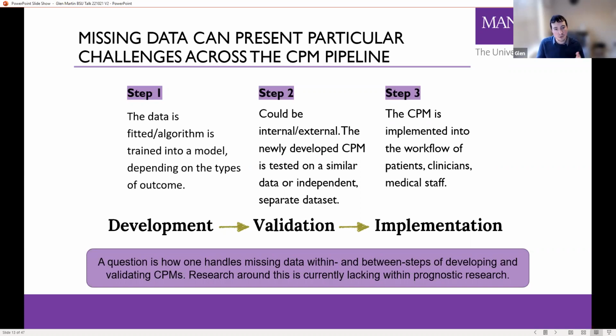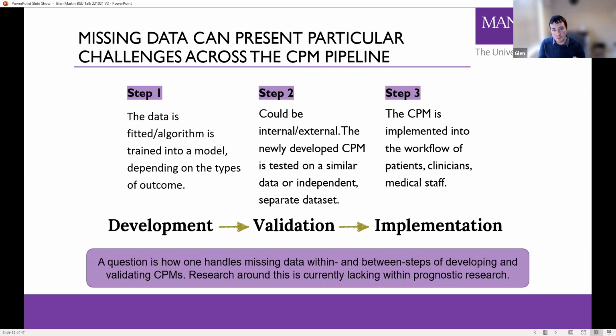Once you've developed it, you move on to validation, which could be internal. That means testing its performance in data similar to that in which it was developed, or testing it externally, where you test it in, say, a different country or a different population from which it was developed. You might do that multiple times, so maybe several validation studies.